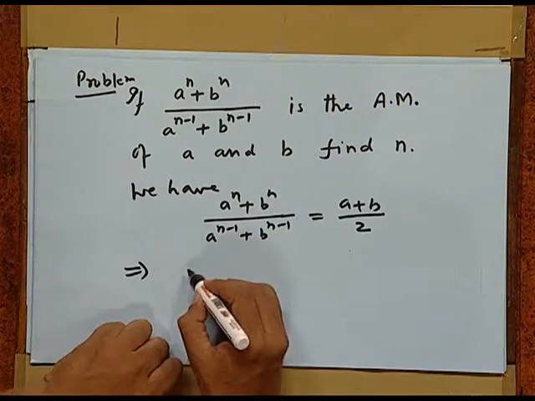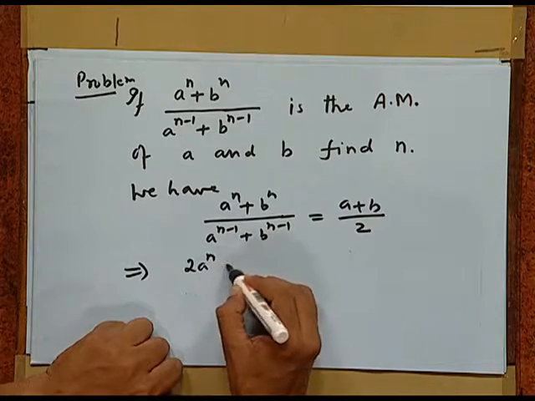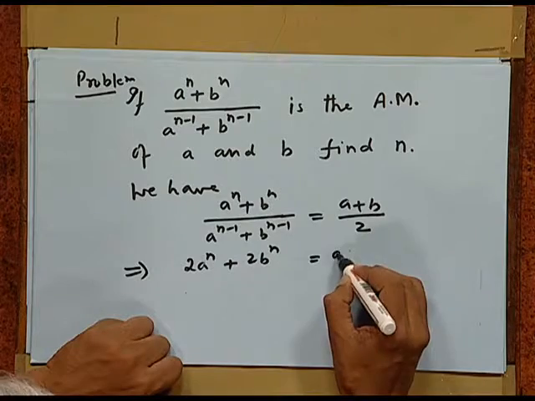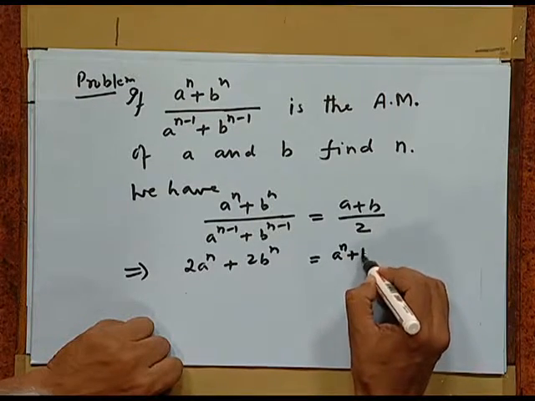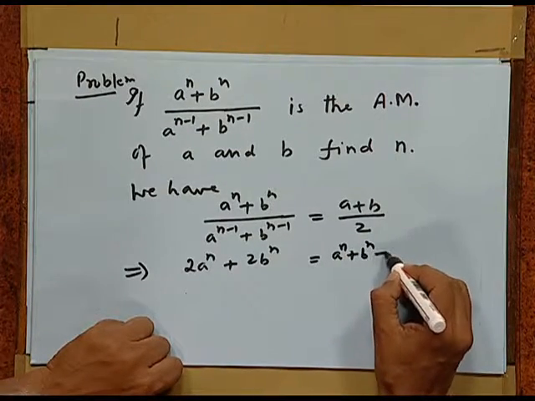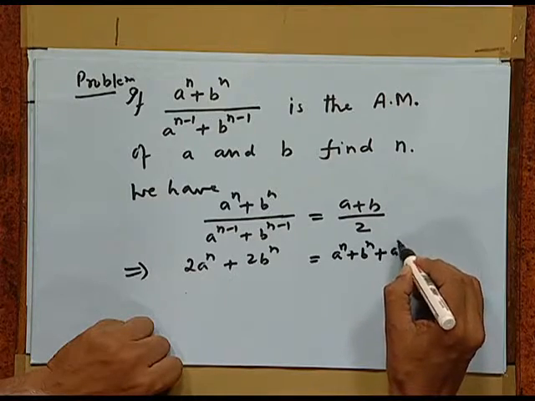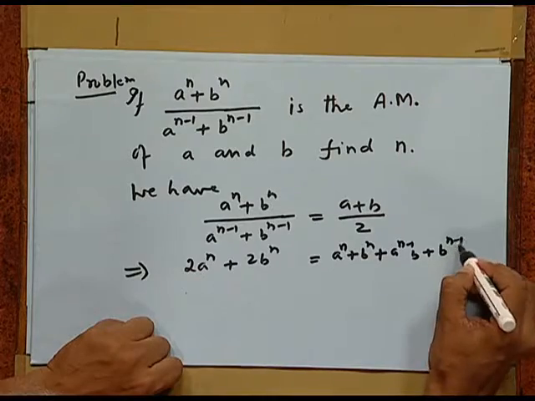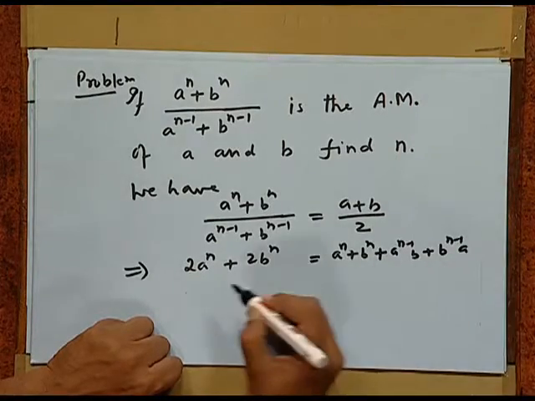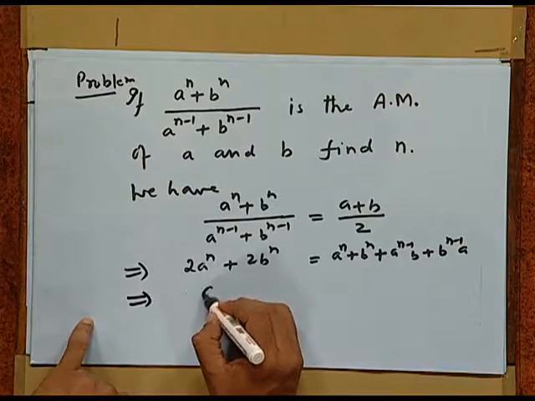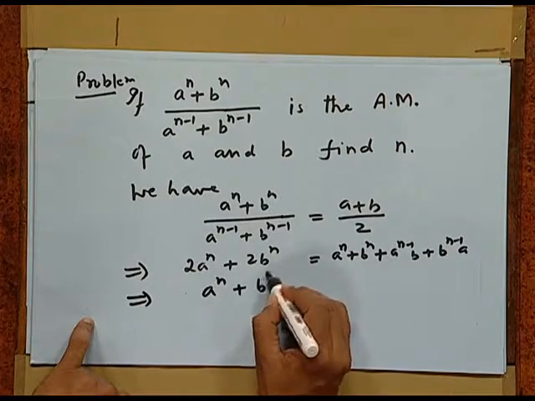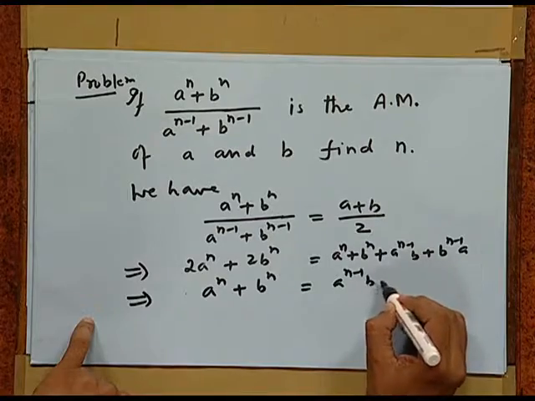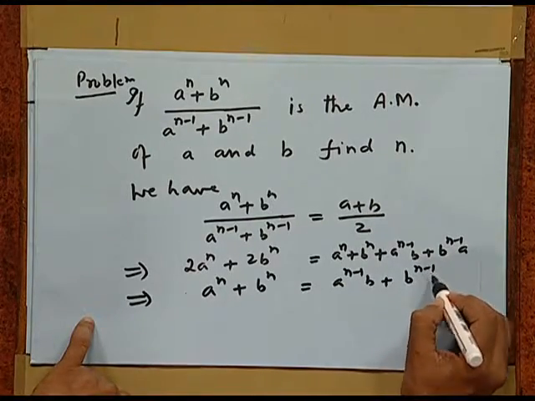This implies 2A^n plus 2B^n is equal to A^n plus B^n plus A^(n minus 1)B plus B^(n minus 1)A. Again, it implies A^n plus B^n equal to A^(n minus 1)B plus B^(n minus 1)A.